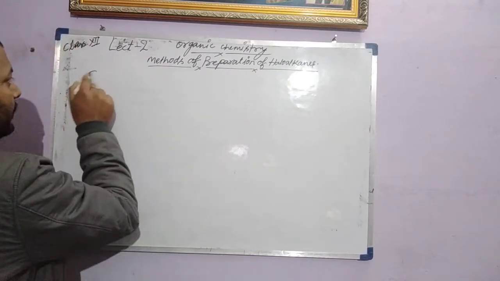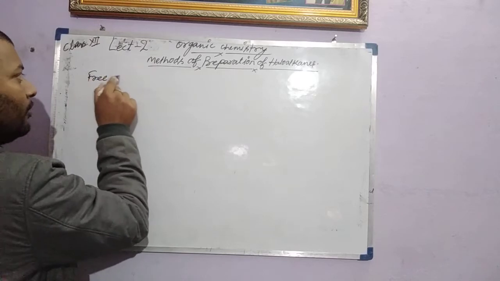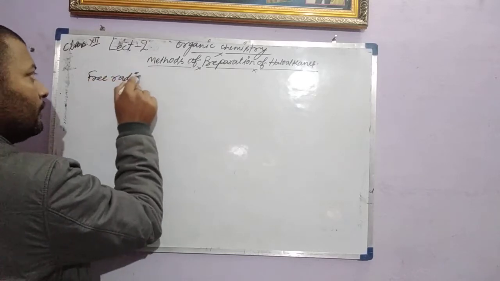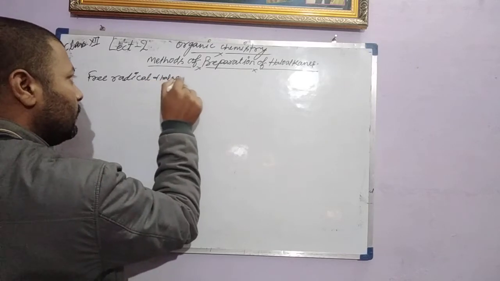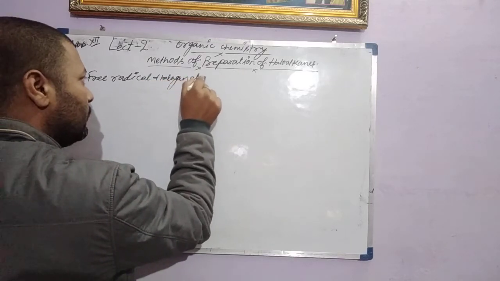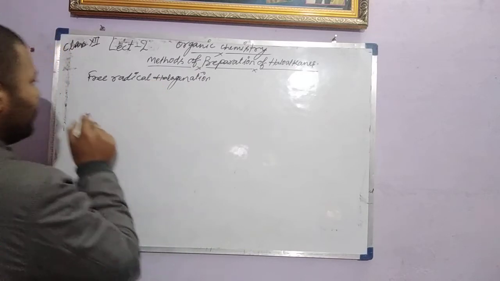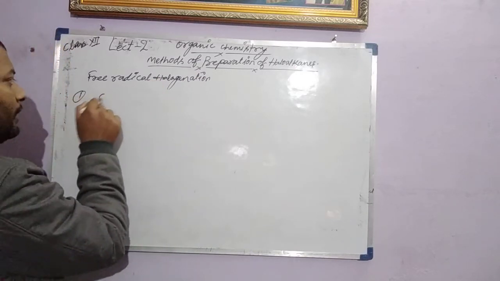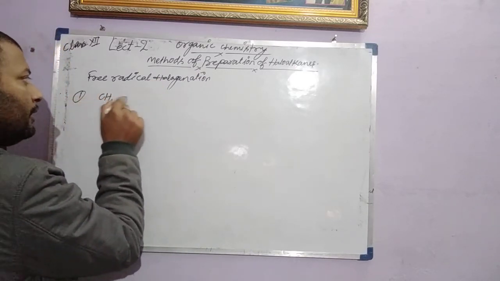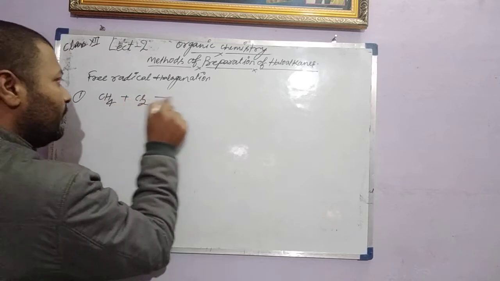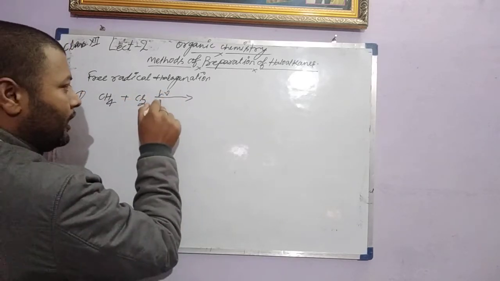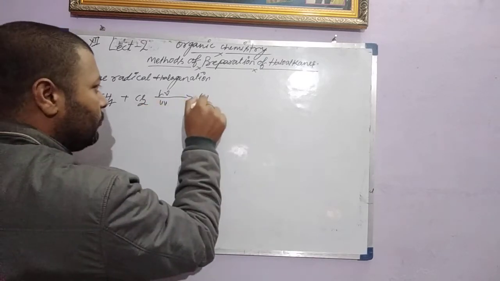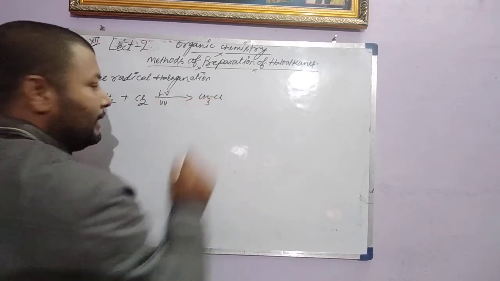The next reaction is called free radical halogenation. In class 10th, you were given CH4 with Cl2 and h nu, sunlight or ultraviolet, which forms CH3Cl.